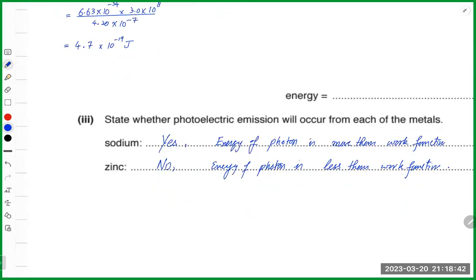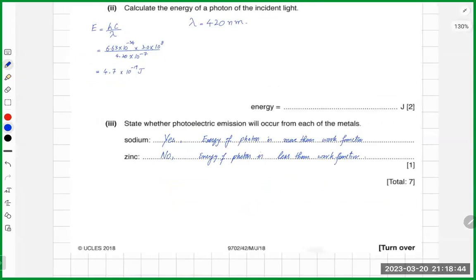See, for zinc, it is less than work function. For sodium, it is more than the work function. So does this make sense? Yes, sir. Good.